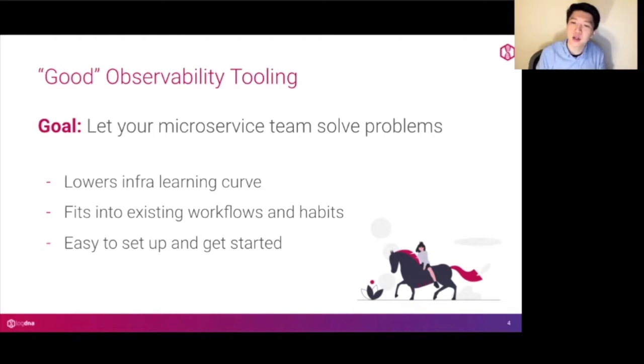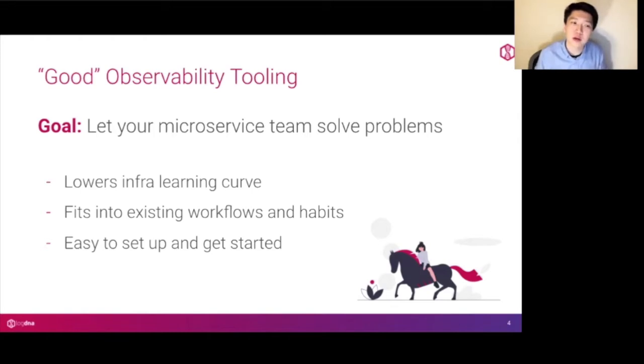It makes sure that these service owners aren't being bottlenecked into solving their issues. They're not being dependent on other teams to solve their specific microservice issues. And it also means that your shared services teams are able to be a lot more high leverage. They don't have to triage requests from a whole host of different microservices that might be deploying and running into issues. And in our view, there are 3 big properties that enable this goal.